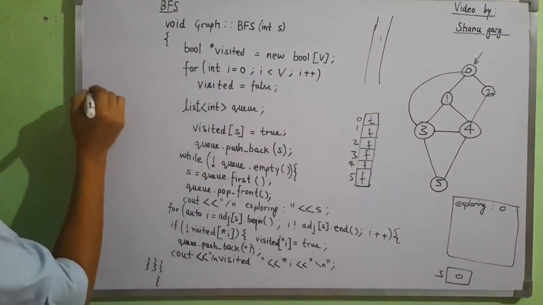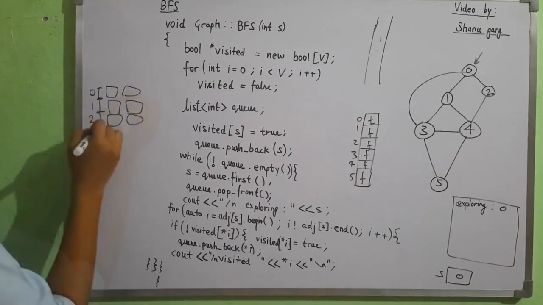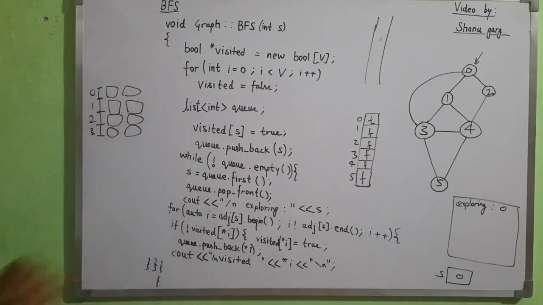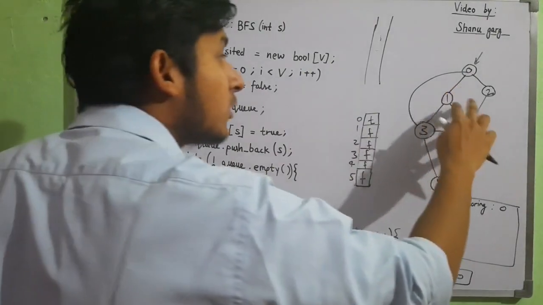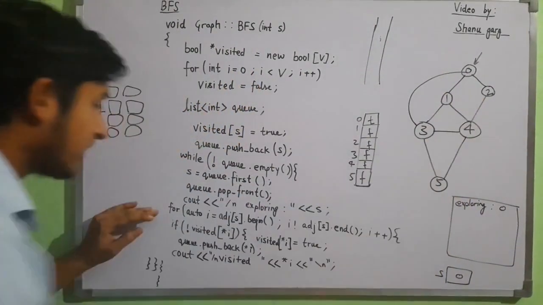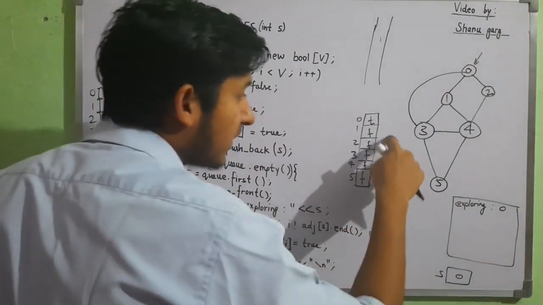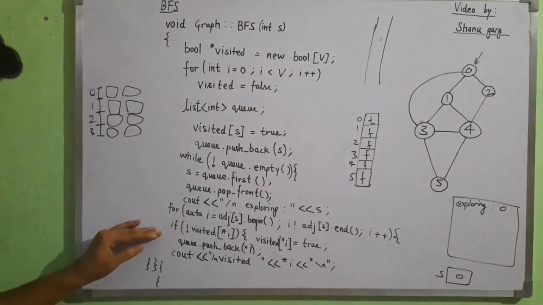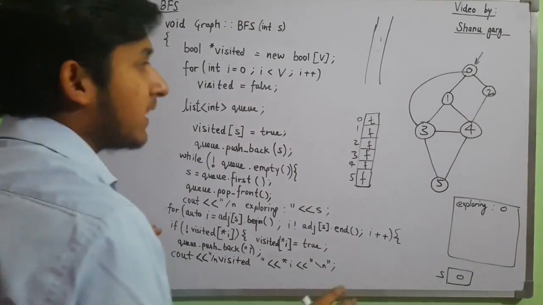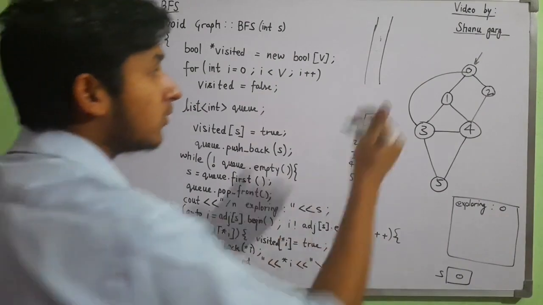As I made earlier, 0 had a list of all elements connected to it. So simply 0 is connected to these 3 elements. For all these elements, if they are not visited, and all of these are not visited by now, I'll start with pushing them to the queue.